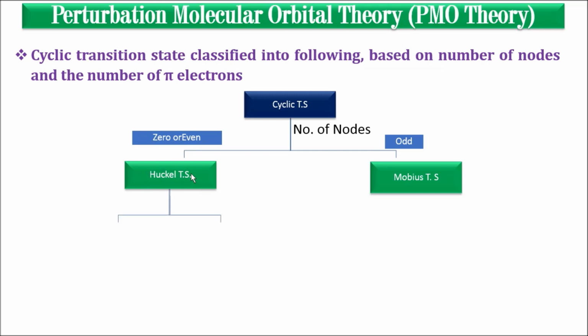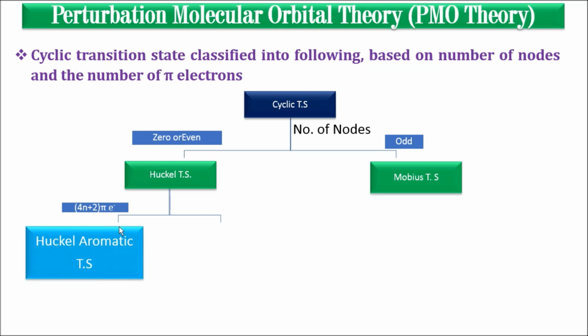Okay, let's see. When the transition state belongs to a 4n plus 2 pi electron system, that means in the reactant, if it has an odd number of pi bonds, that is called a 4n plus 2 pi electron system. This is related to the Huckel rule, therefore this is called a Huckel aromatic transition state.